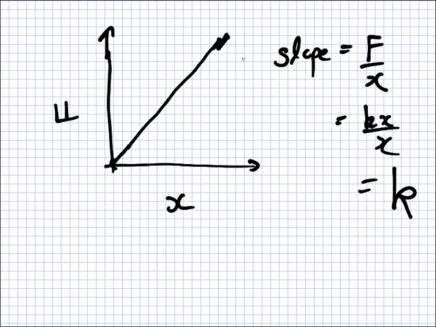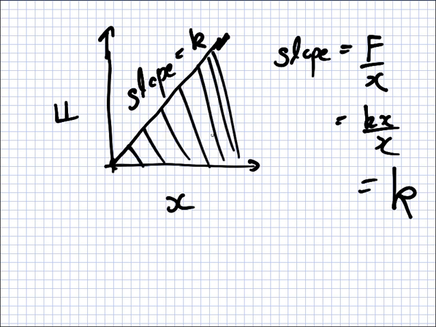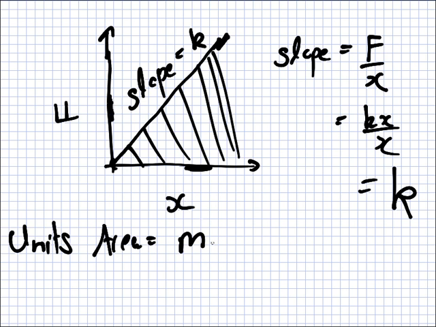Right, so the slope here is equal to k. But what does the area equal? Does the area mean anything on this graph? Well, let's have a look at the units. What would be the units of the area in this graph? Well, what unit is this in? Meters. And what unit is the vertical in? Newtons. Meters times newtons is the same as Newton times meters.